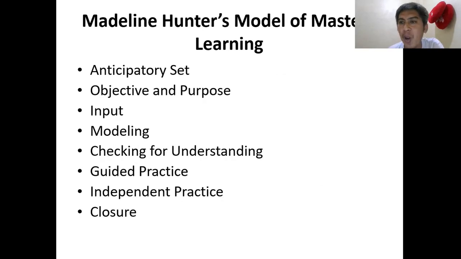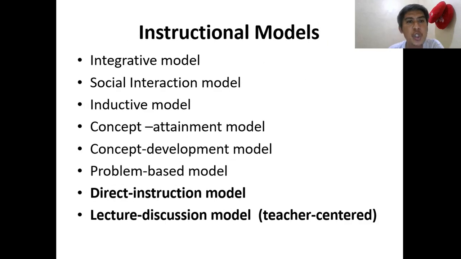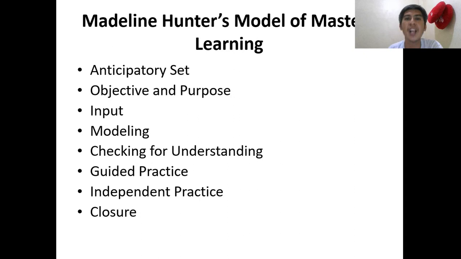For example, you have Madeline Hunter's model of mastery learning. In addition to these, you can add the direct instruction model introduced by Madeline Hunter. If I'm teaching Math 2, maybe for lesson number 10 I will utilize Madeline Hunter's model.